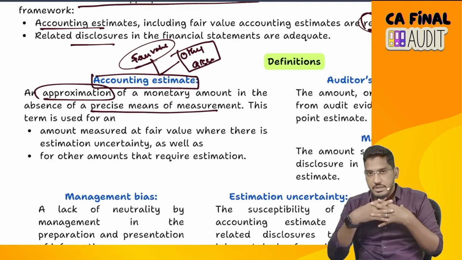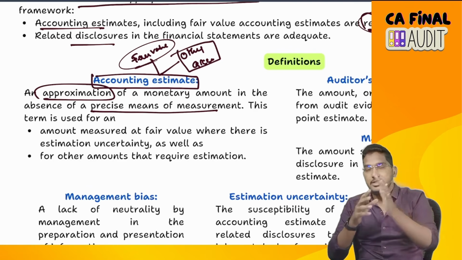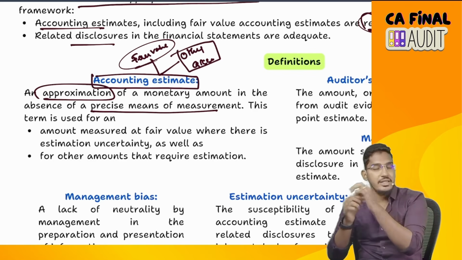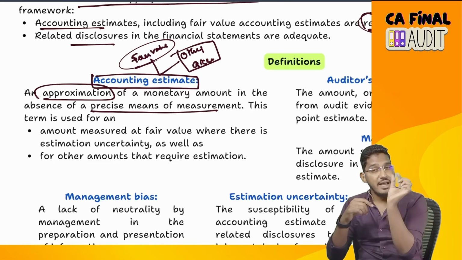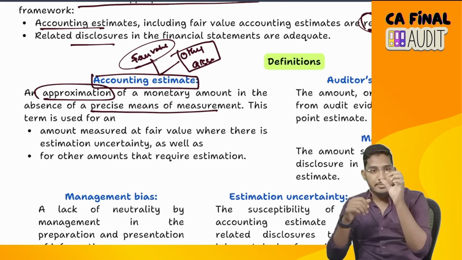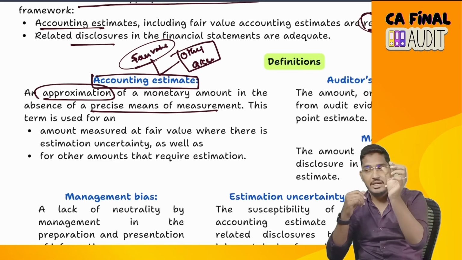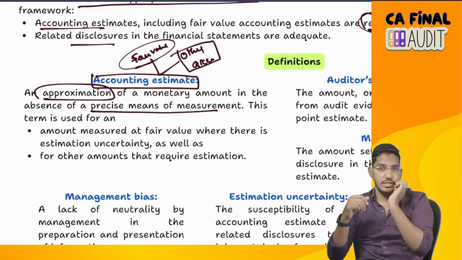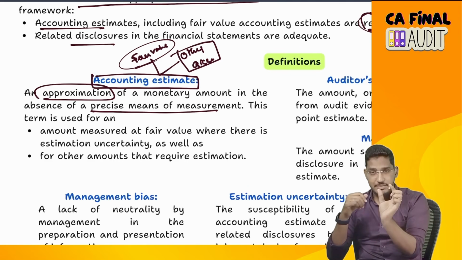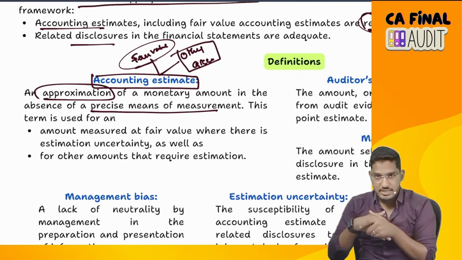I am conducting the audit of some company. That company is holding shares in another company. As on the balance sheet date, they have to determine the value of the share. Now they need to determine the value on the basis of fair value. That means if these shares are sold in the market as on that balance sheet date, how much price they will be able to fetch, that they have to determine, and at that value they have to value the shares. This is an accounting estimate where fair value adjustments are involved.